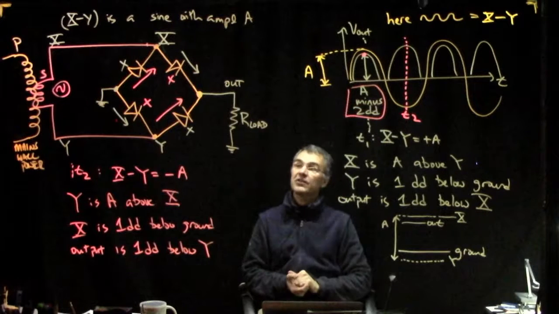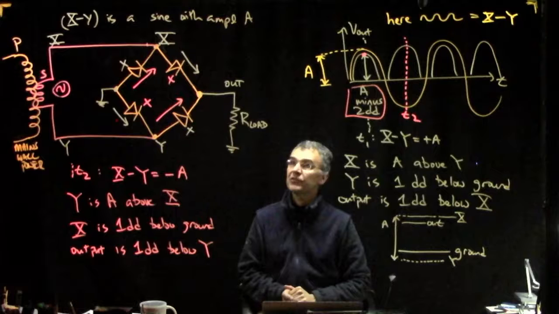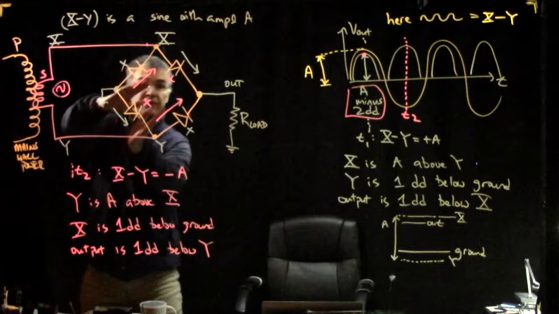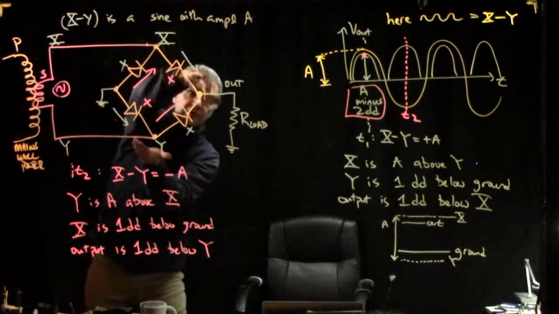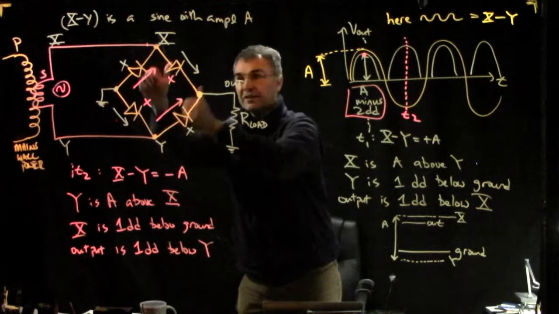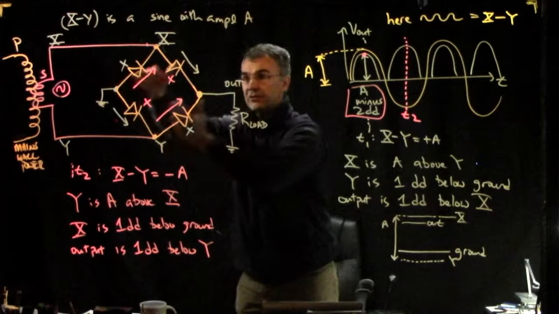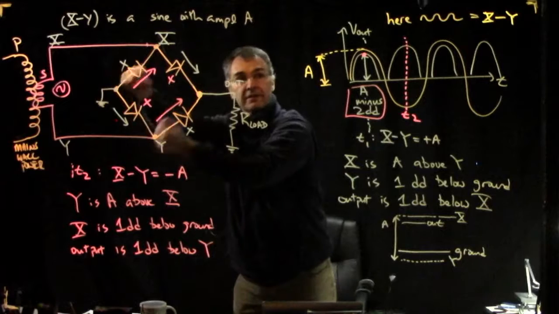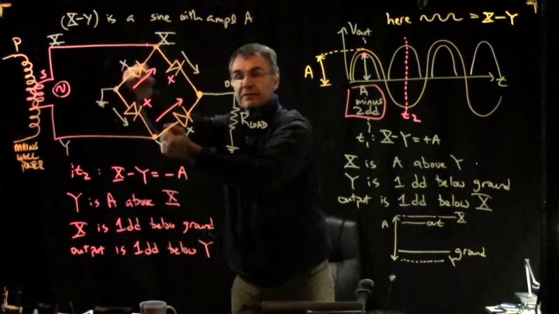And so it takes a little while to see that. And then you sort of see, right, these two diodes are on, then these two diodes are on, and so on, alternating.